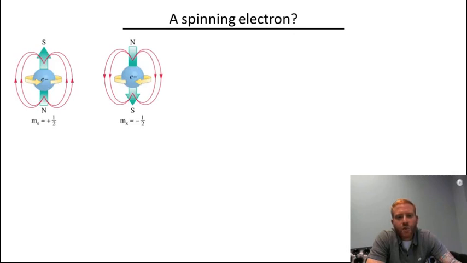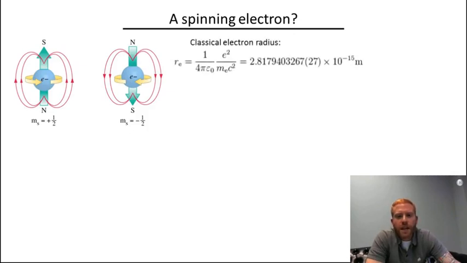In fact, the idea of spin was at first ridiculed for the very reason that the geometrical interpretation leads to nonsense such as this. If an electron is a spinning charged sphere, then what's the velocity at the electron surface? We can calculate the classical electron radius by equating the electrostatic potential energy needed to assemble charge e into the sphere with the electron rest mass, and then use it to determine the velocity necessary to generate one Bohr magneton.